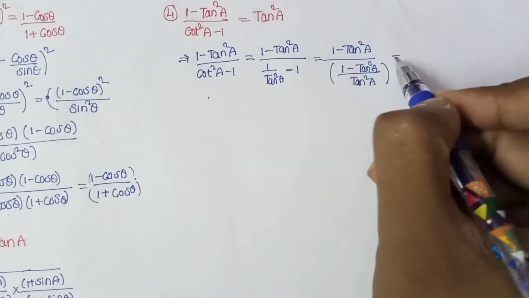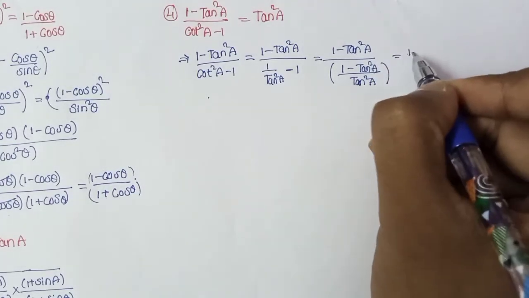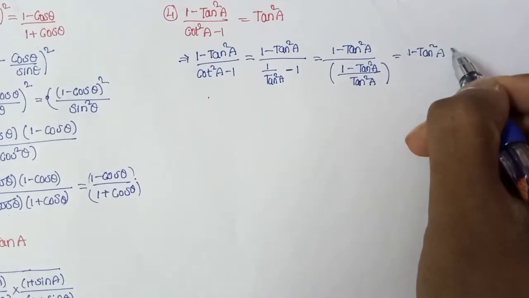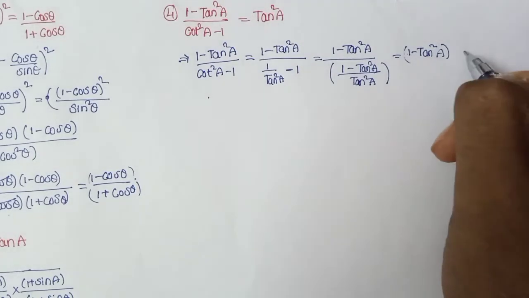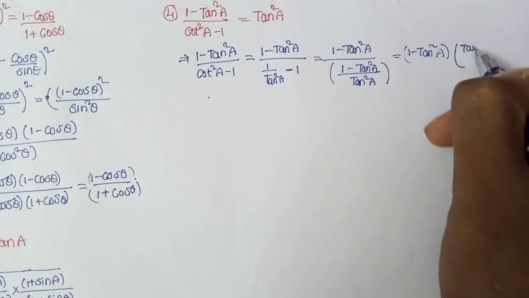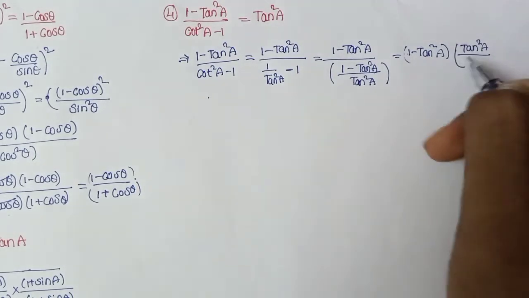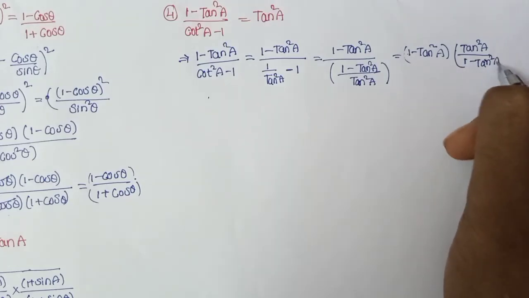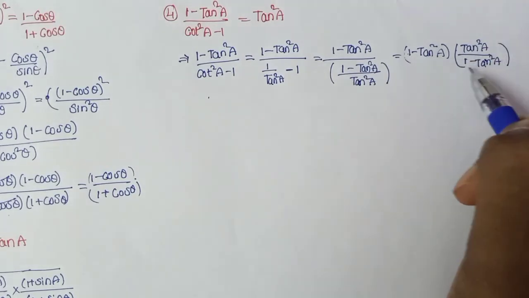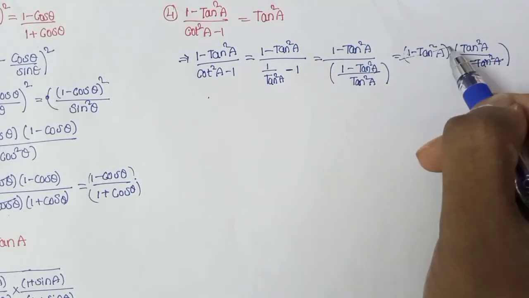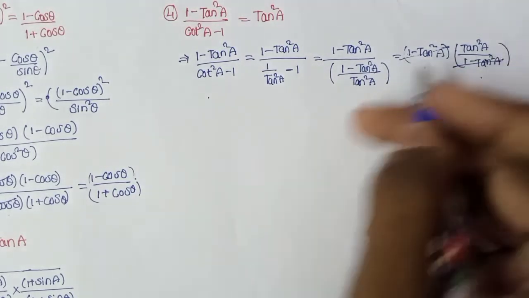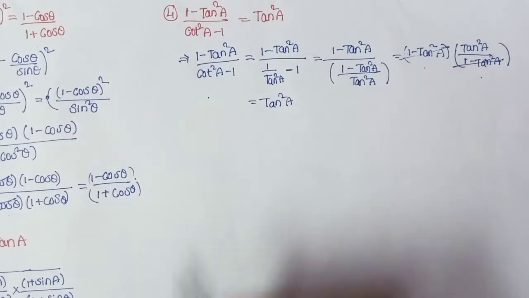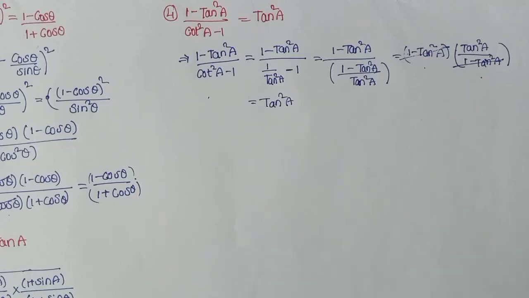This can be written as 1 minus tan square a into tan square a divided by 1 minus tan square a. So you can cancel 1 minus tan square a in the denominator and numerator, and you are remaining with tan square a. This is the answer. We'll see the next problem.